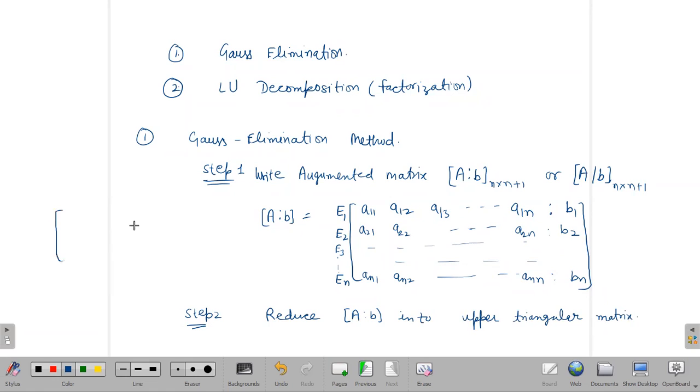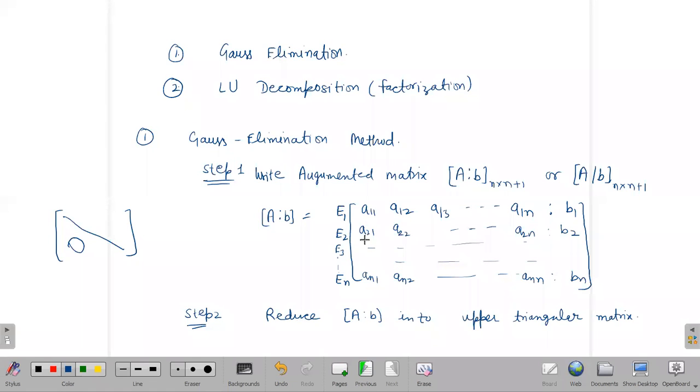Above the diagonal all elements are non-zero, and below it they are zero. So this part is zero. Means our aim is to make this part zero. We can make it zero by using elementary operations. You know the elementary operations now.